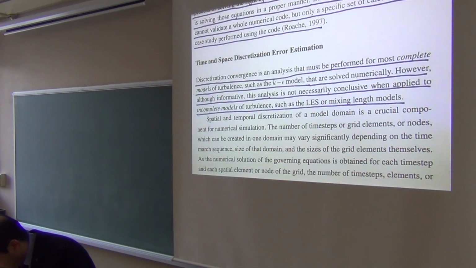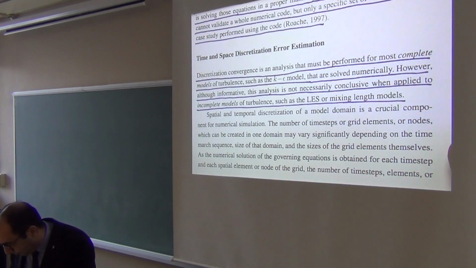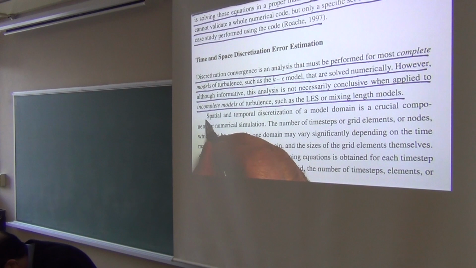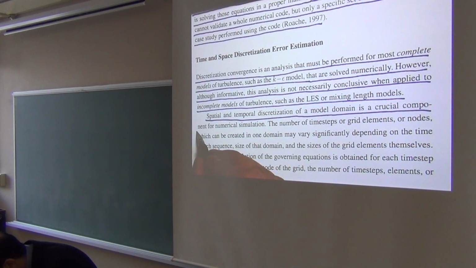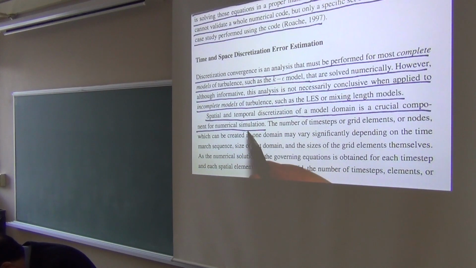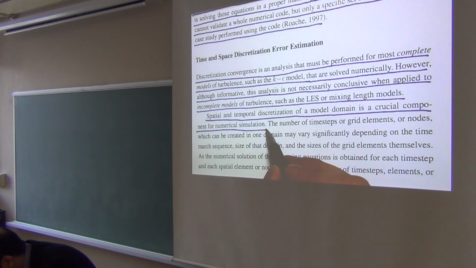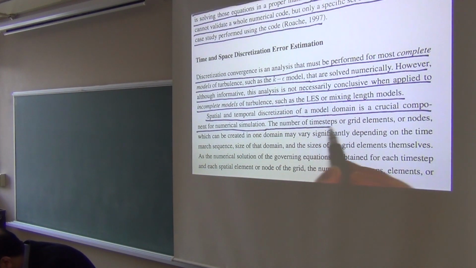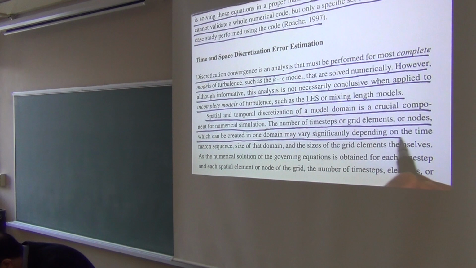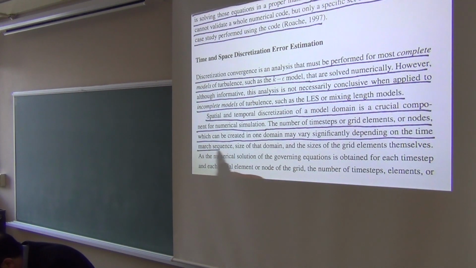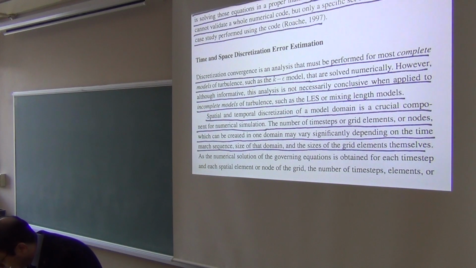The spatial and temporal discretization of a model domain is a crucial component for numerical simulation. The number of time steps or grid elements, say nodes, which can be created in one domain may vary significantly depending on the time march sequence, the size of that domain, and the size of the grid elements themselves.